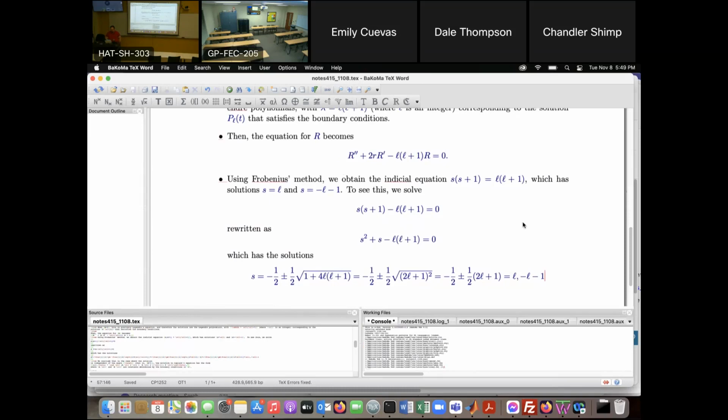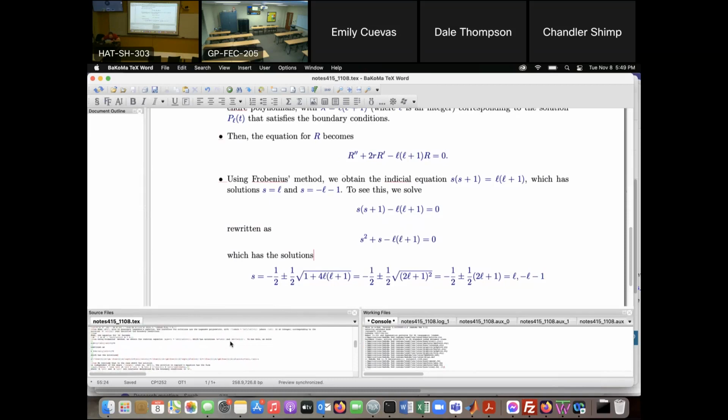Yeah, that's what I always forget, that, well, let's try it. I have a touchpad, but maybe I can do this.